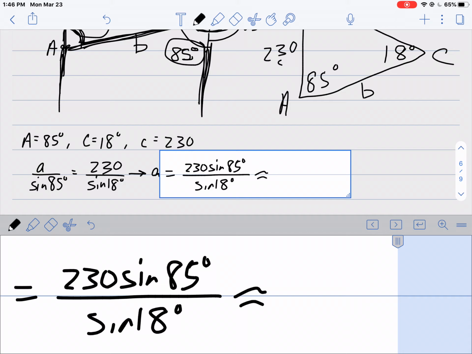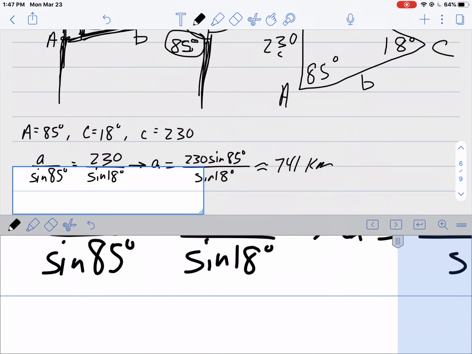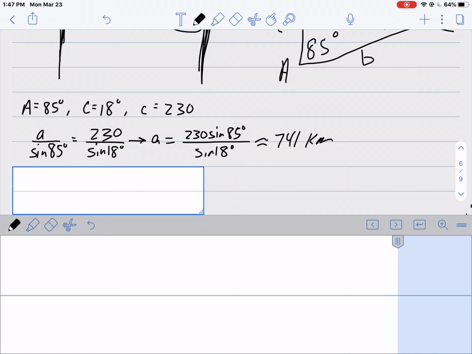And that gives you approximately 741. I'm just going to go to the nearest whole number because that's what the other side is, the 230. So I'm going to go 741. Remember, our units there is kilometers. So that would be the length of side A. And then we'll find the length of side B. And first of all, I can find angle B.